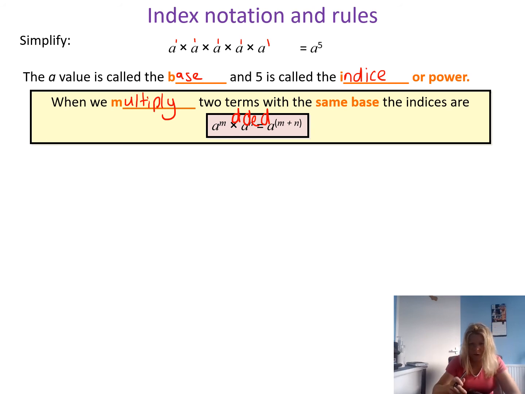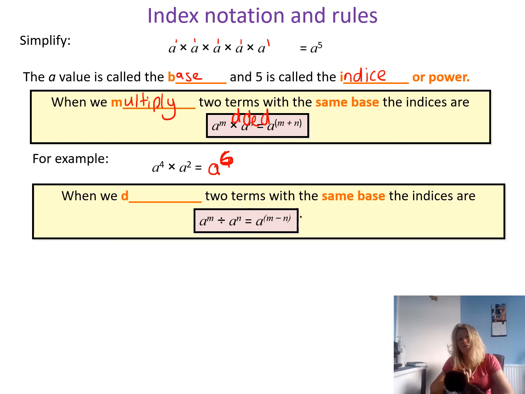It says a to the m times a to the n equals a to the m plus n. We've got an example again of that. That would just be add the powers, a to the 4, idiot, a to the 6.